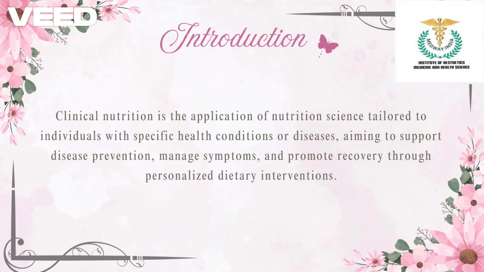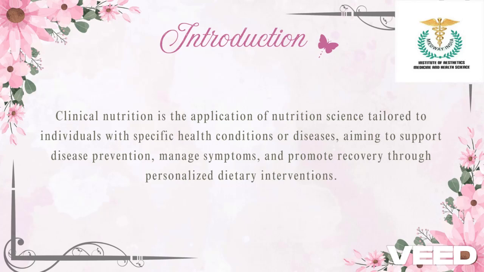So the first thing is going to be the introduction to clinical nutrition. So what is clinical nutrition? Clinical nutrition is all about the application of nutrition that is tailored to the individual's health condition or a disease. Okay, it's completely based on a specific condition. When you see general nutrition, it is about enhancing a person's macronutrient or micronutrient level, or going with lifestyle modification.